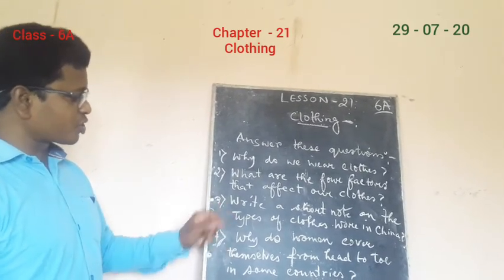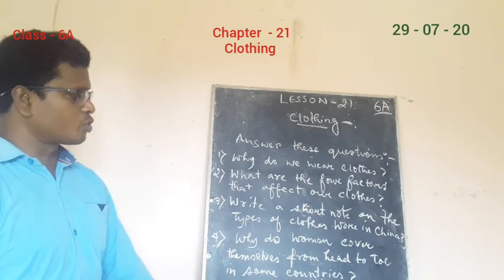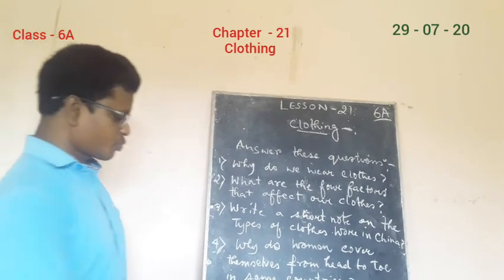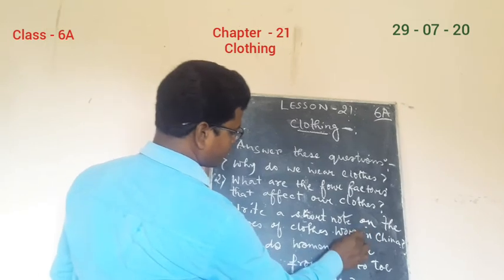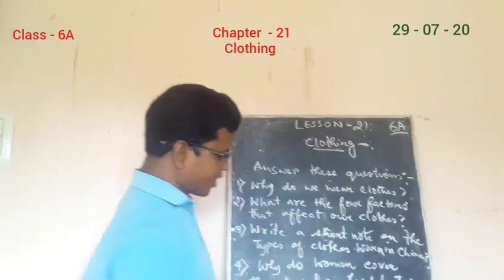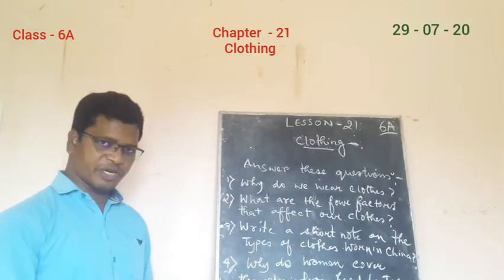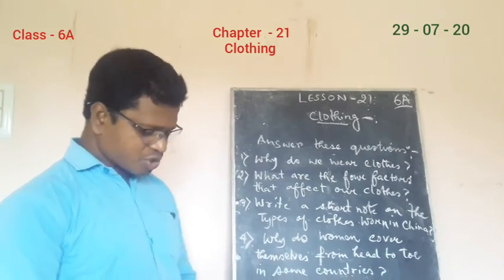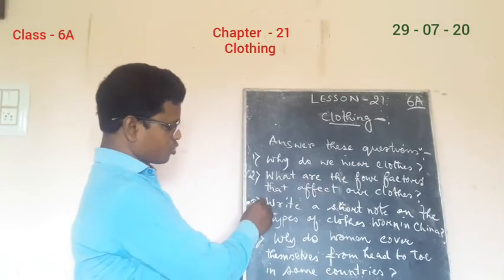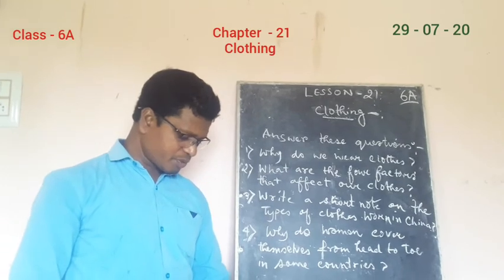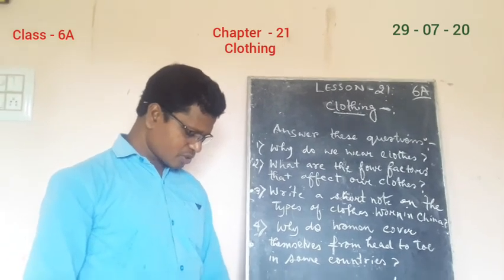Next we have, write a short note on the types of clothes worn in China. So what are the types of clothes that are being worn in China? You have to write a short note on this. You will get this answer from the third point from the last.